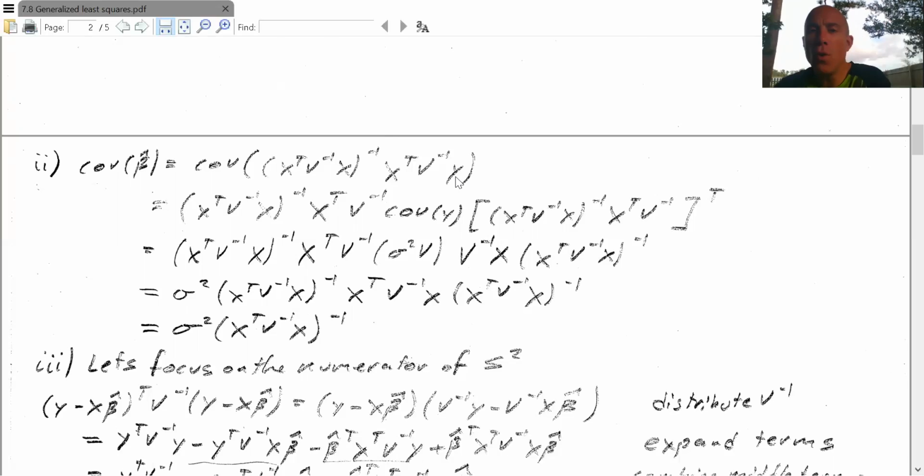So I'm going to apply that matrix formula once again. All of this, the inverse, the X transpose, and the V inverse, is just a constant matrix. Since it's a constant matrix, I'm going to use my covariance formula. I'm going to take the constant matrix, put it on the left. I'm going to take the constant matrix and take its transpose, put it on the right.